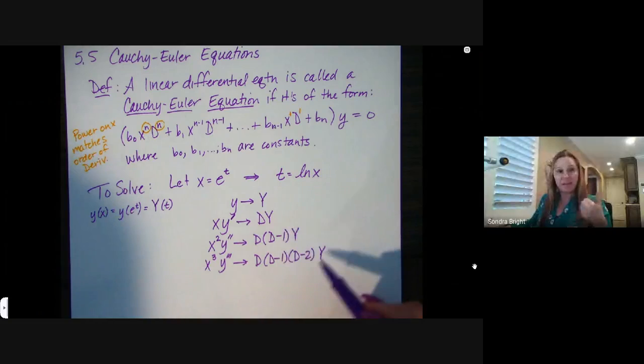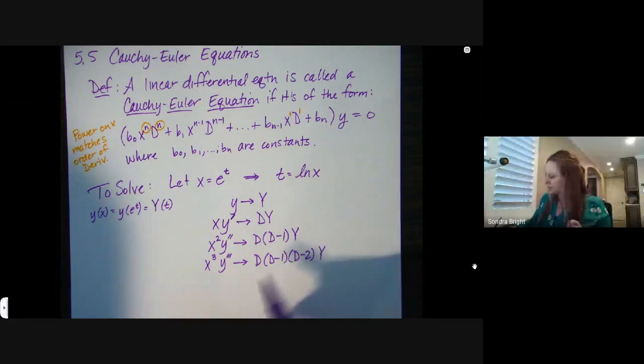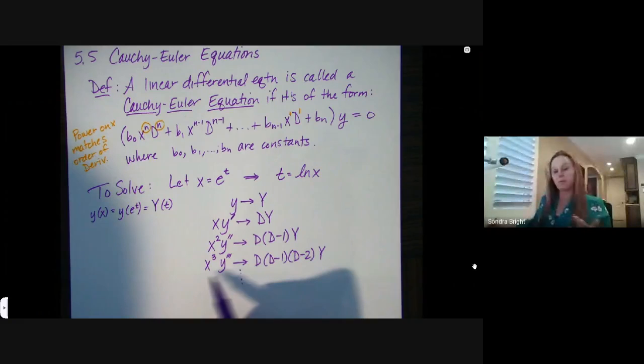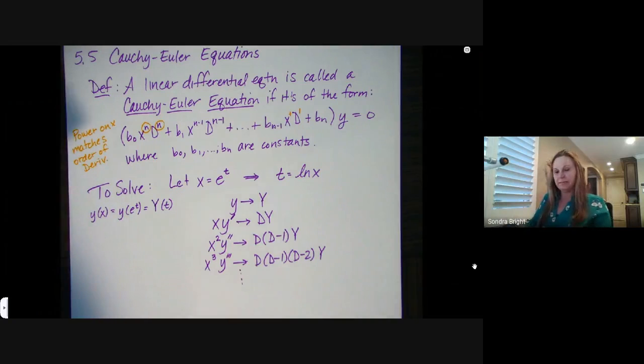Chain rule, the substitution, chain rule, doing substitution again, and then mathematical induction ends up showing that you can keep on going. X to the fourth, it just keeps on with this pattern. But I'm not going to include it in here.